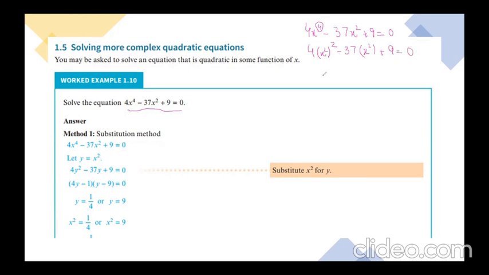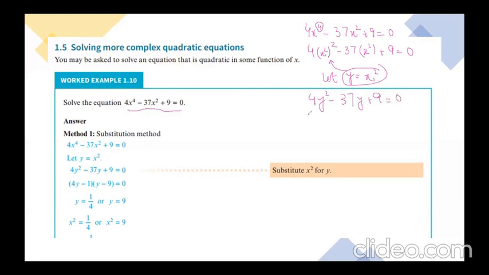So let's suppose in this equation, let y equals to x square. Y equals to x square. So substituting this value in this equation, it must be 4y square minus 37y plus 9 equals to 0.